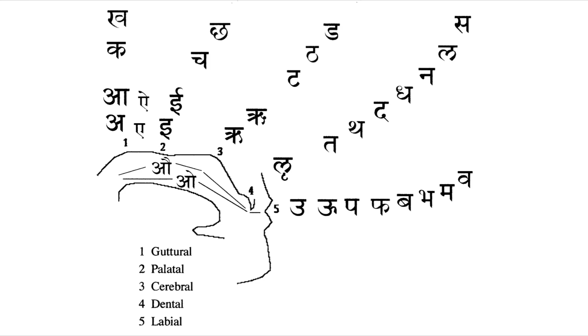Vriddhi is the same force whether directed to position 2 or to position 5. Try to feel what's unique about the quality of a vriddhi sound. I, ow, I, ow, I, ow.